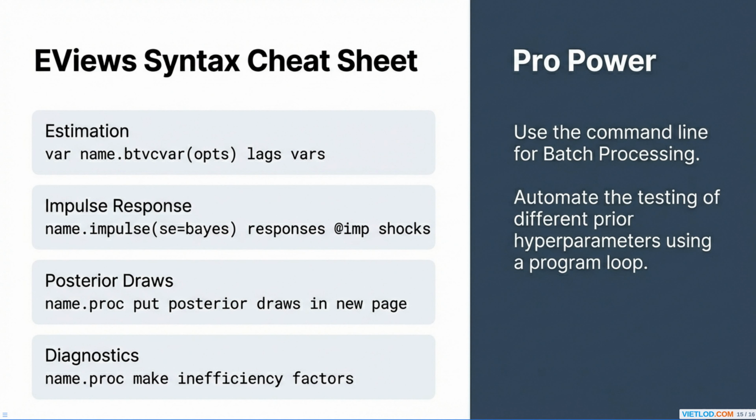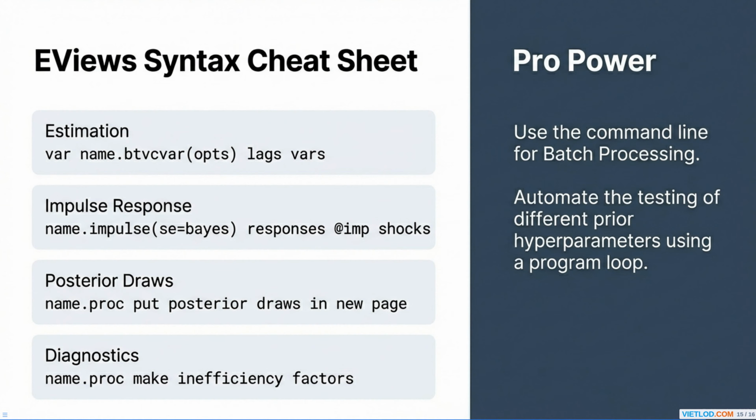This means the simulation might not have adequately explored the parameter space, leading to unreliable results. If you encounter high inefficiency factors, the solution is to increase the number of simulation draws, which is the size option in EViews, or extend the burn-in or warm-up period, and then rerun your estimation. The EViews command, proc make inefficiency factors, will generate this table for you.